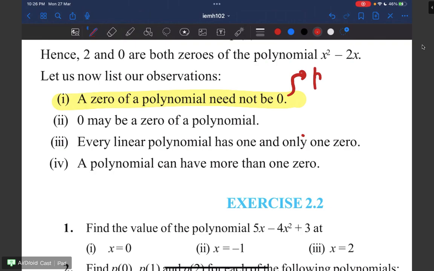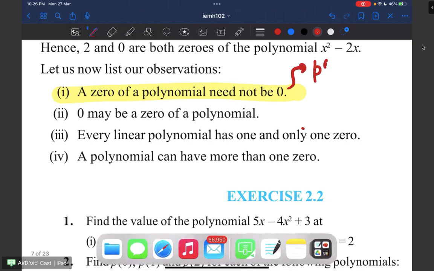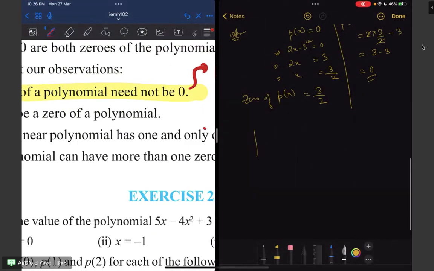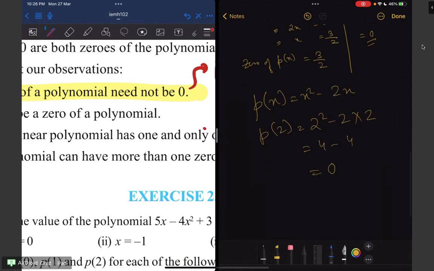If I have a polynomial, let's say p(x) = x² − 2x. Here if I put 2, what will we get? 2² − 2 × 2. 2² is 4. 4 minus 2 twos are how much? 4. It is 0.